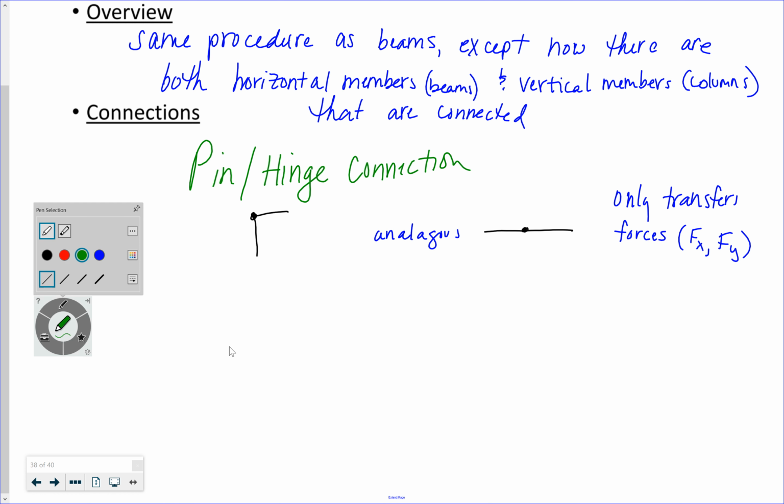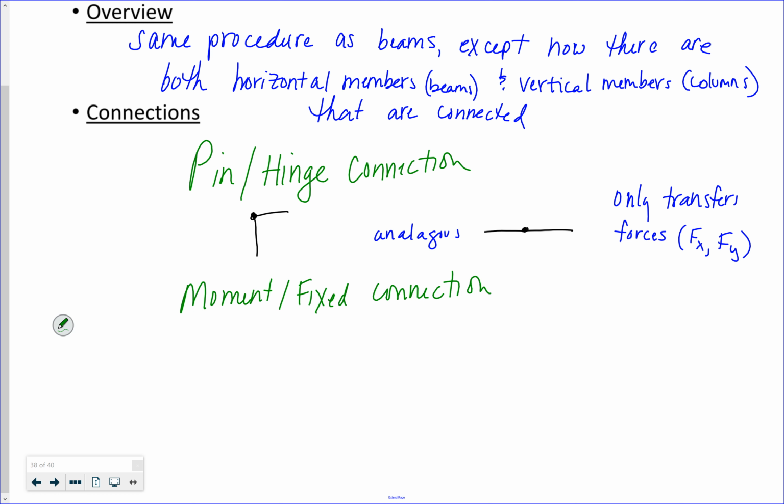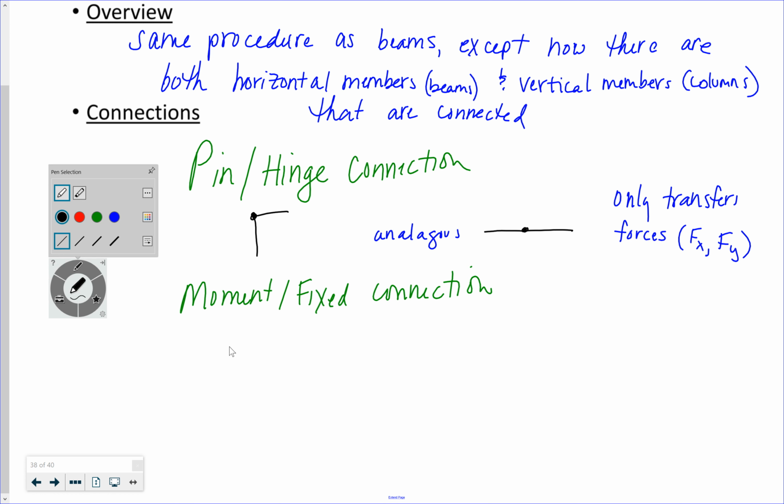Or we can have a moment connection or a fixed connection. And that would look like how we drew it earlier, right? It's like a little, let's draw an actual horizontal beam. It's like a little triangle.